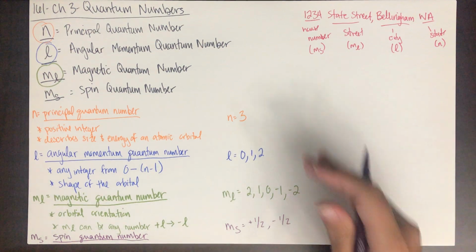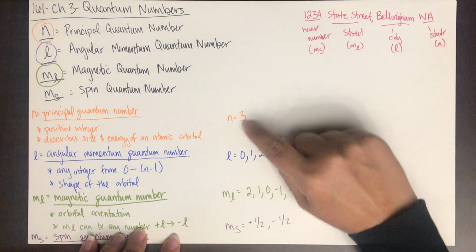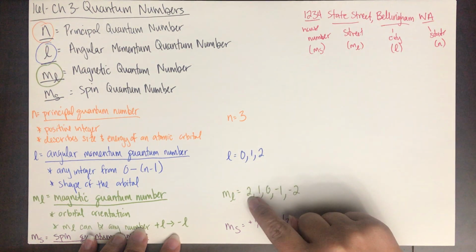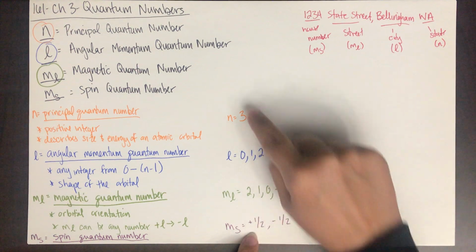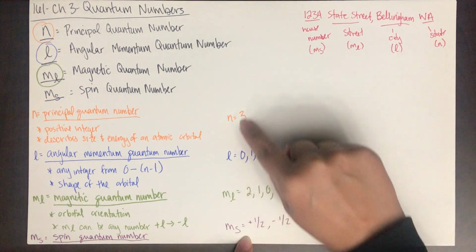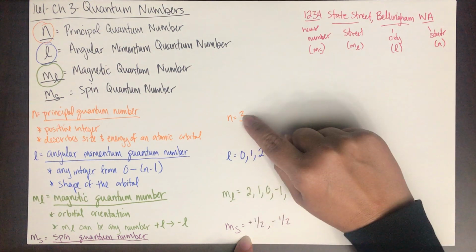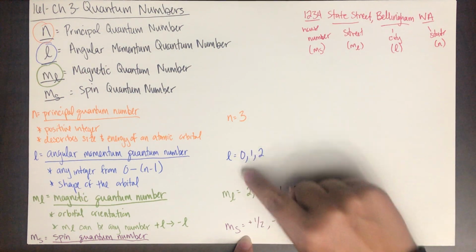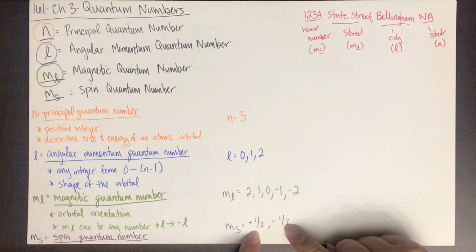So you see there's lots of options now. So you could have an electron that has N equals 3, L equals 0, M sub L equals 2, M sub S equals +1/2. So that would be one option of an address for this electron. Or you could say N equals 3, L equals 0, M sub L equals 2, M sub S equals -1/2.